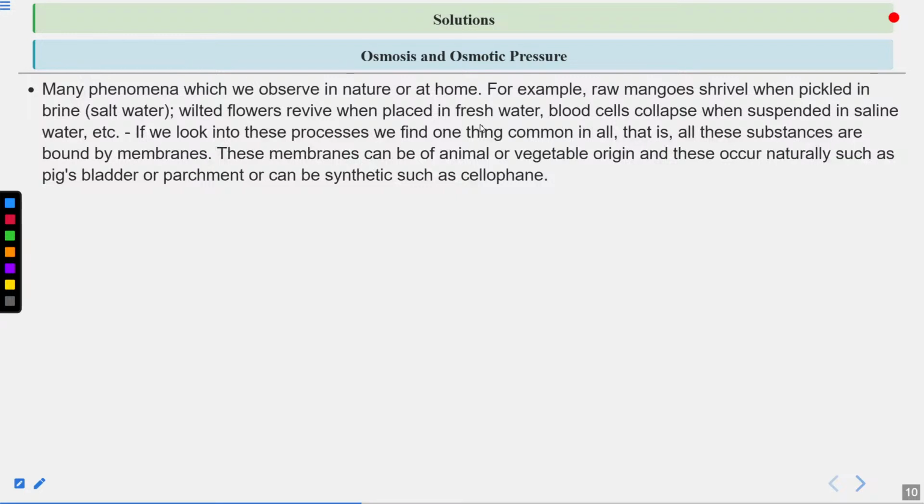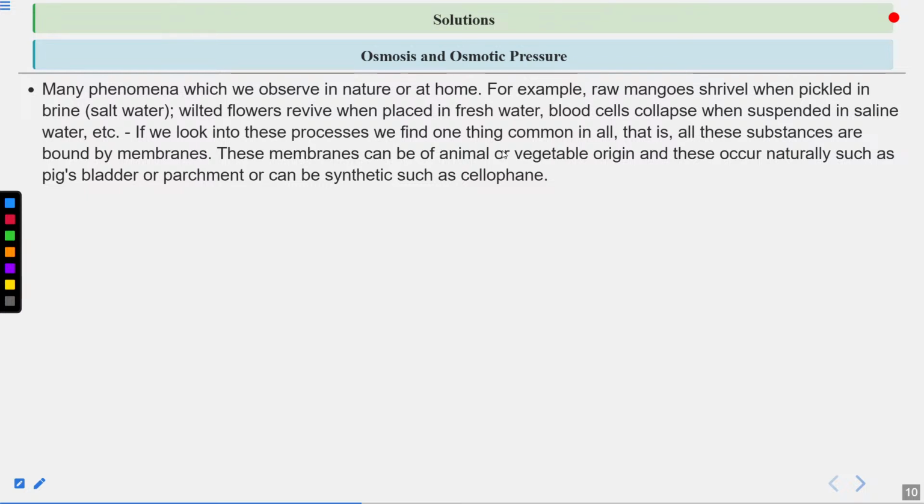Now, many phenomena at home occur according to osmosis, like the shrinking of mangoes when we keep them in a brine solution. Brine solution means a solution filled with sodium chloride, or salt. So there is a higher concentration outside. As a result, the water present inside the mango will move out.